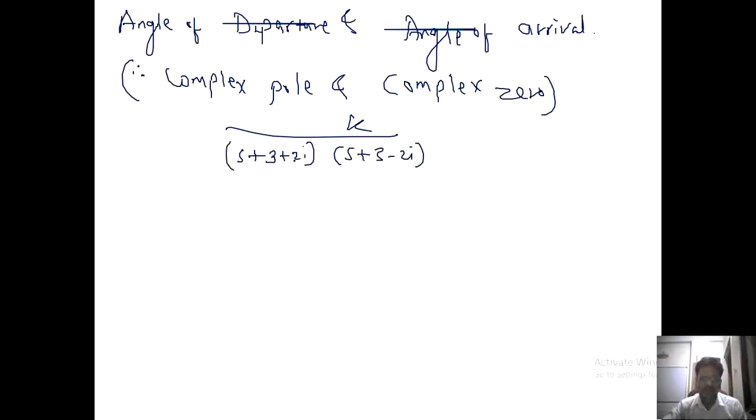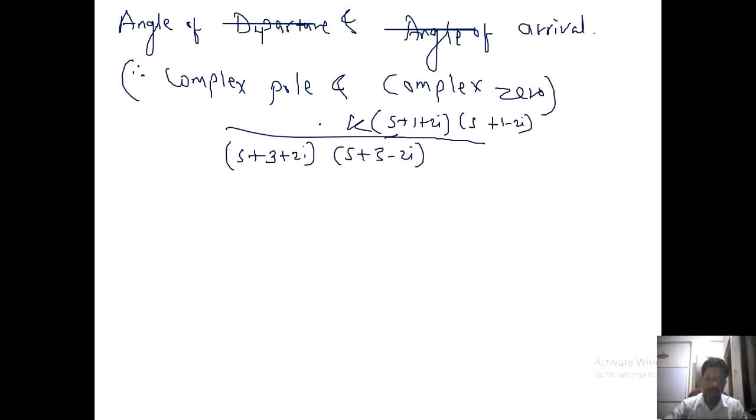Whenever your numerical contains such poles or zeros, suppose S plus 1 plus 2j, S plus 1 minus 2j, so both complex pole and complex zero are available here. Then and only then this rule is applicable, angle of departure and angle of arrival.